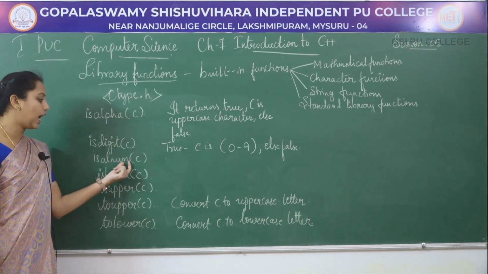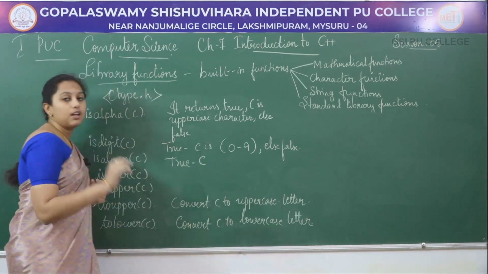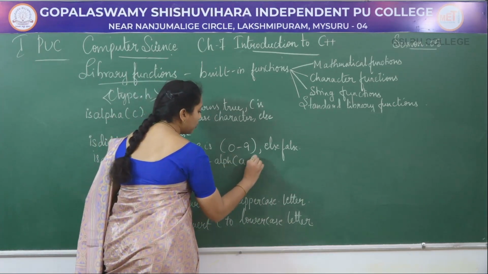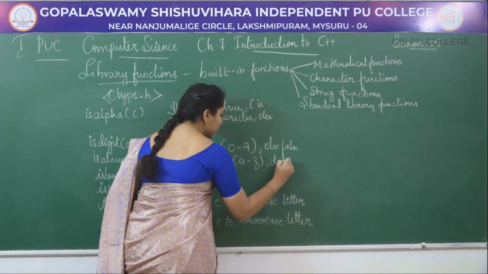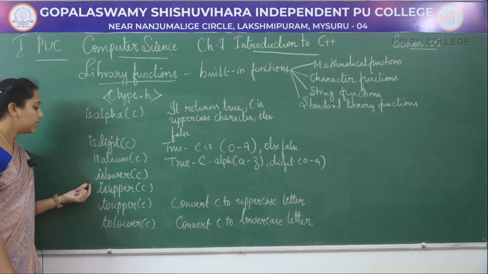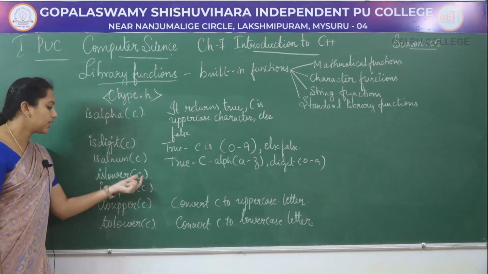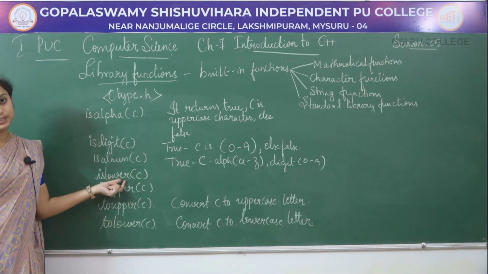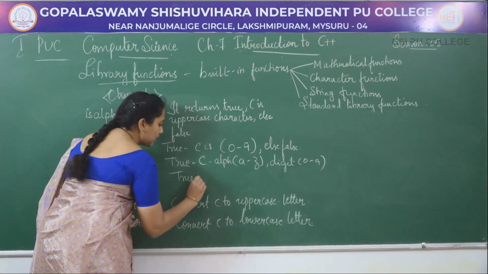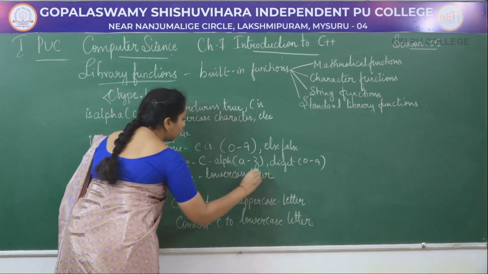And next is the isalnum function. This returns true when c is an alphabet from A to Z, or a digit from 0 to 9, else it returns false. Next is the islower function. This checks whether c is a lowercase letter. If it is a lowercase letter, it returns true, else it returns false.